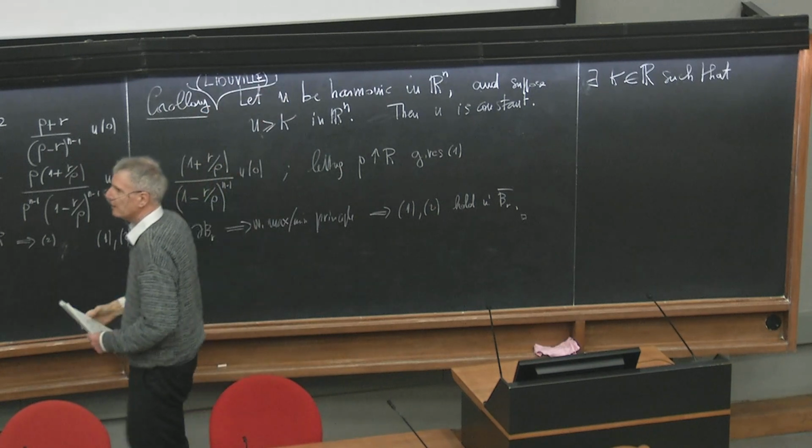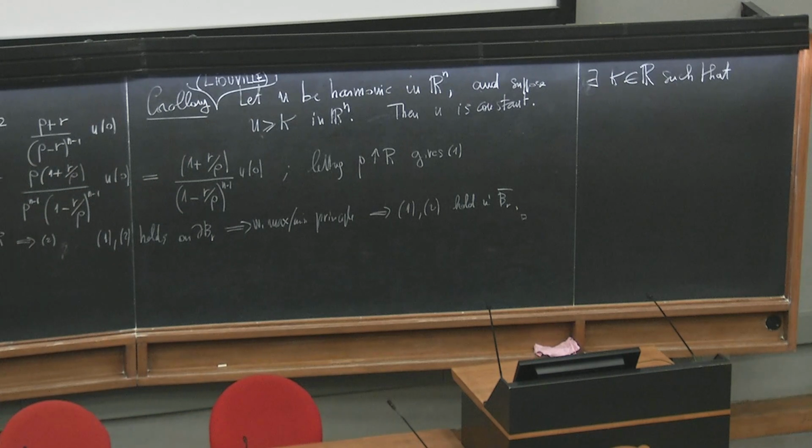Suppose you have an entire harmonic function in the whole space. Typically, in order to get that u is necessarily constant, we assumed that u was, can you remember this, in order to get Liouville.